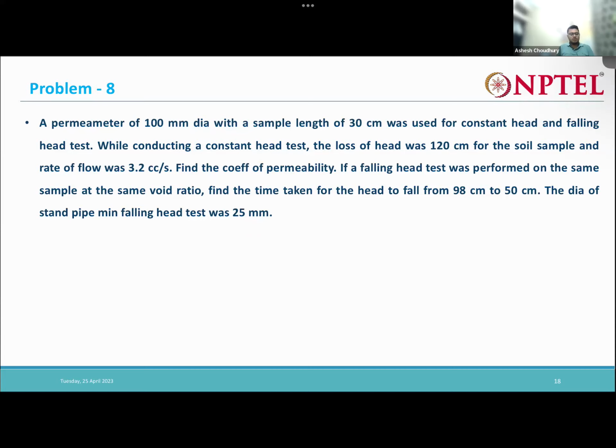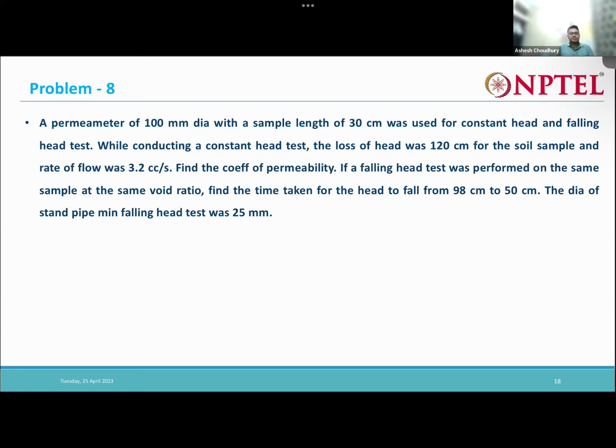One of the topics we studied was how to find the coefficient of permeability. There are many tests: the falling head test, the constant head test, and the Packard test.